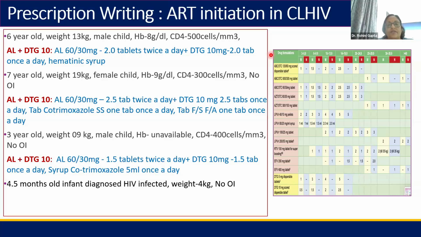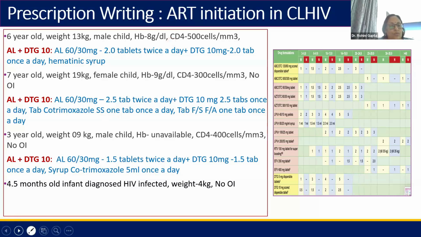Participants have answered the third question also. I would like you to look at this dosage chart and refer what is the dose for DTG and what will be the dose for abacavir lamivudine 60-30, because there's some confusion in one of the answers which has been given.